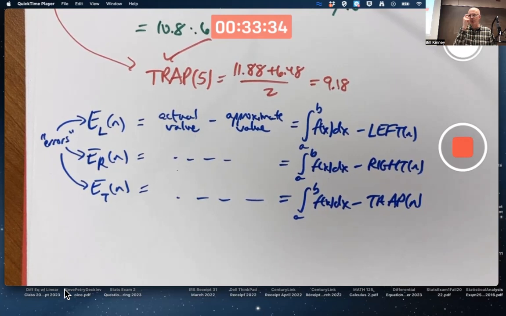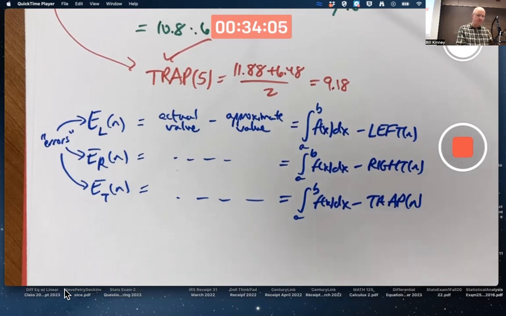Actually, what these are most important for is coming up with what are called theoretical error bounds, which can be computed. They're theoretical and practical, you might say, because they can be computed. We will see examples of these, I think, at the end of chapter 7, but especially in chapter 10, I think it is, when we do the Taylor series stuff. We'll do similar kinds of things to approximate functions instead of integrals.